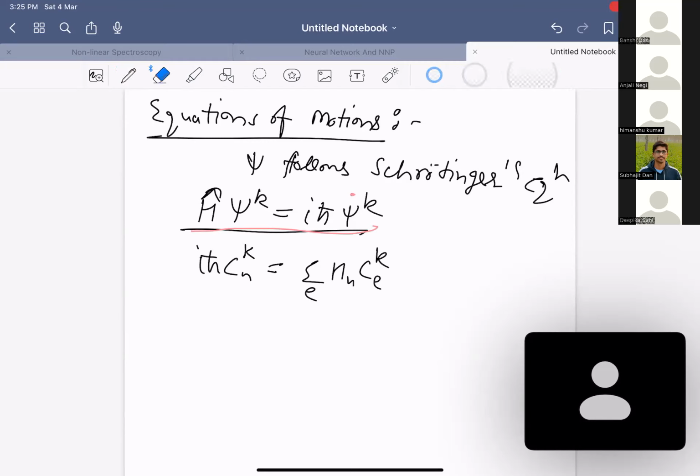And if we modify it a bit, it will transform to this. The dot products, in the red color, are the time derivatives.